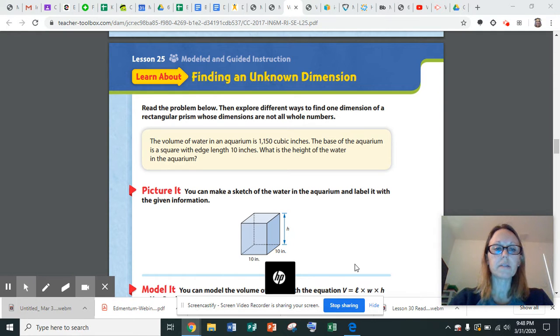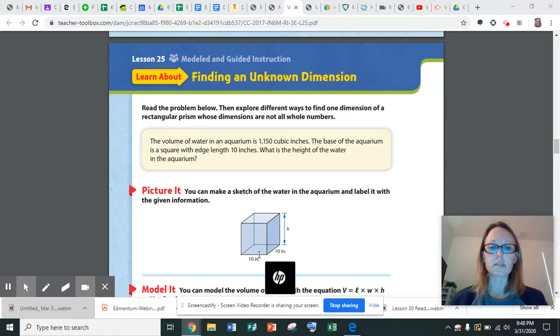But the problem tells us that the volume of water in an aquarium is 1,150 cubic inches. The base of the aquarium is a square with edge length 10 inches. What is the height of the water in the aquarium? So again, if you look at the picture, you can see the sketch of the water in the aquarium.